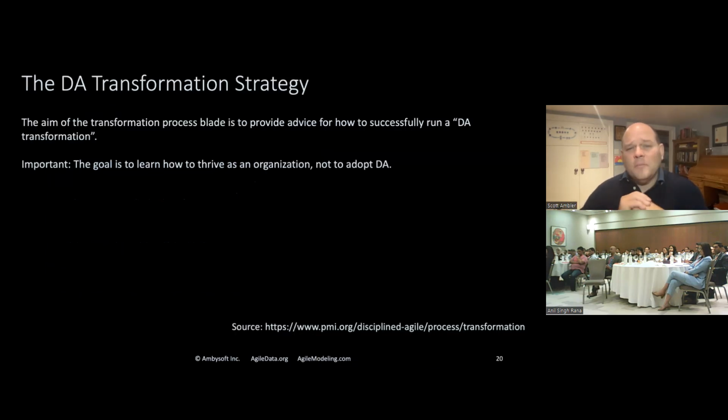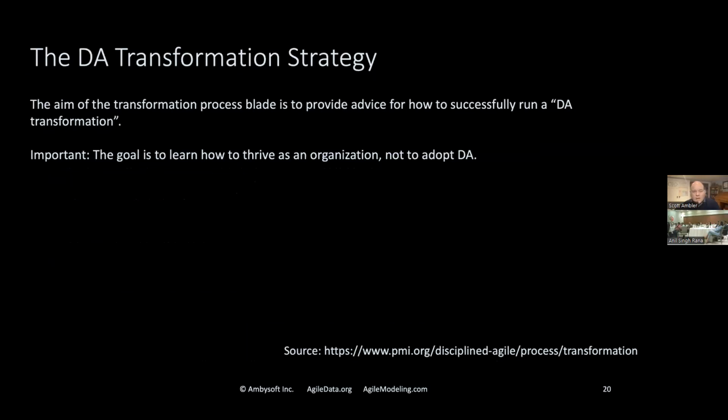So what's the DA transformation strategy? This is something that's published in detail online at pmi.org. We discuss a three-step transformation strategy. First, you want to assess. You want to figure out where you are. What is your starting point? One of our philosophies is that you start where you are. So if you're currently a traditional organization, great, that's your starting point.